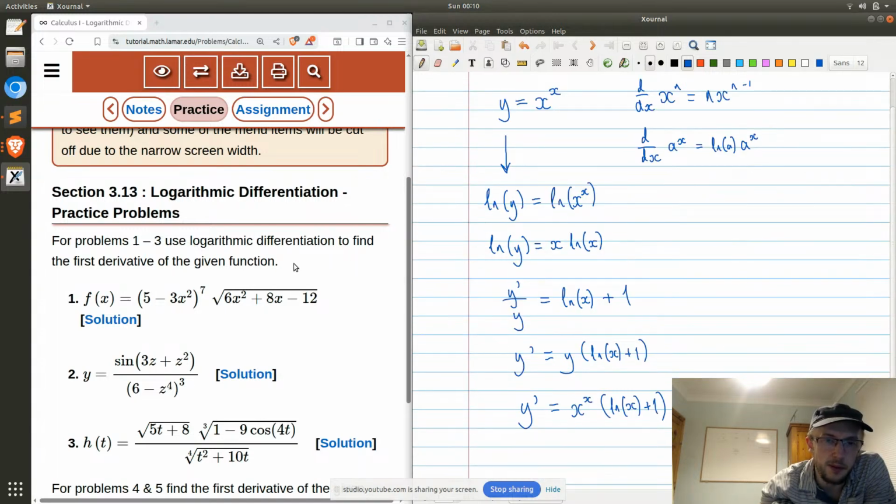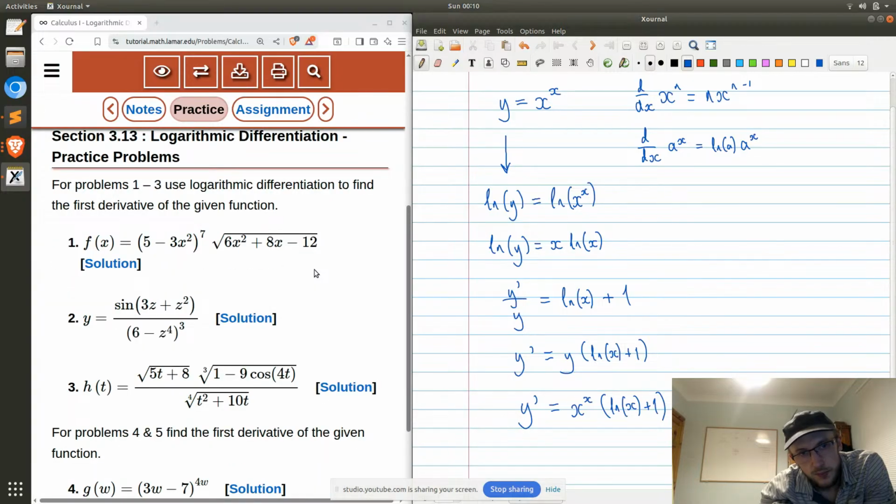But how is that going to help me here? How will it help me here? And furthermore, why would I even need it? That's a product, is it not?